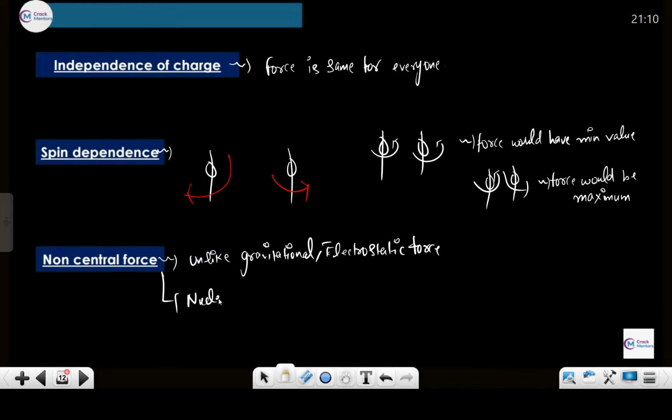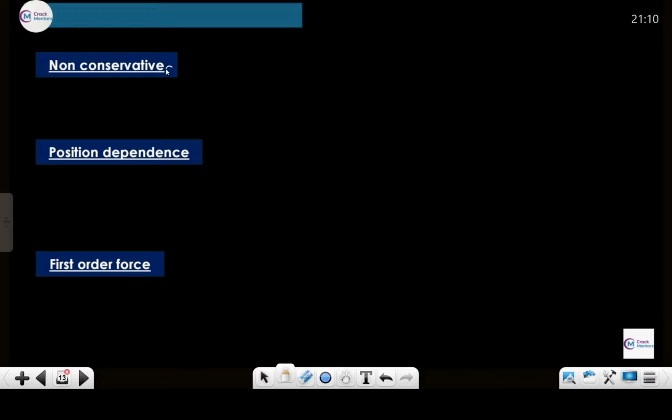This nuclear force is non-conservative in nature. Okay, I'm hoping that this is clear to you. Non-conservative in nature.